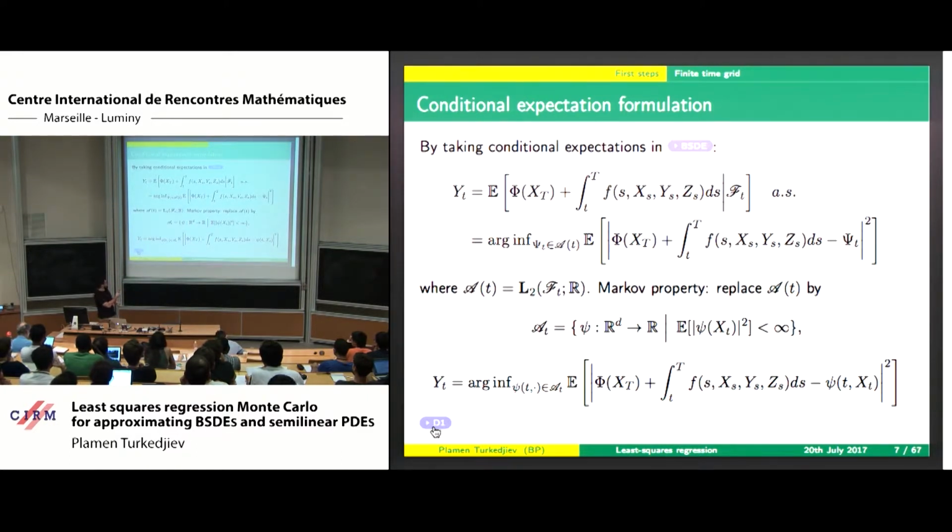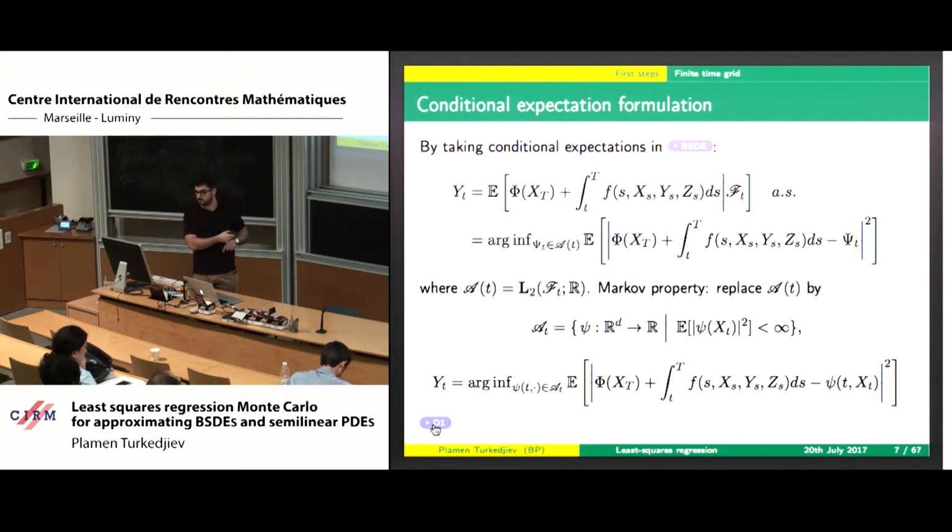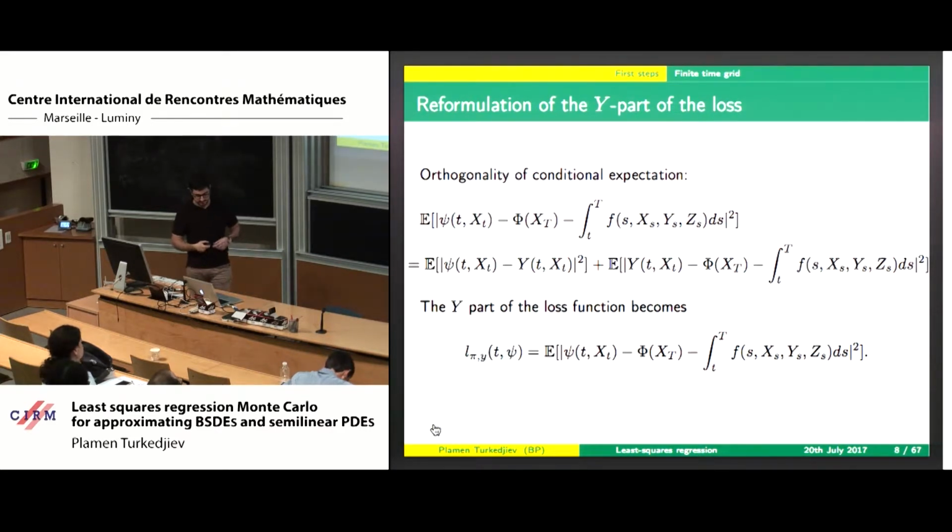So we've written y as a minimization problem. In fact, we can simplify our life slightly. Rather than taking this quite abstract space of square integrable adapted random variables, we use the Markov property to restrict to random variables which are functions of X_t. And that's okay. So now we're left with y being the solution of this minimization problem.